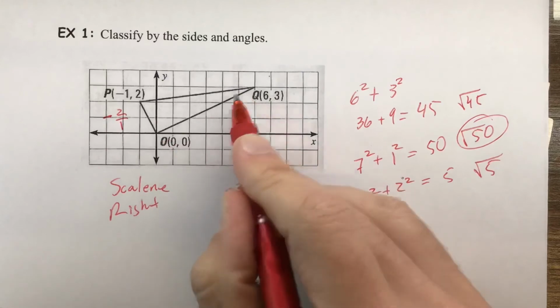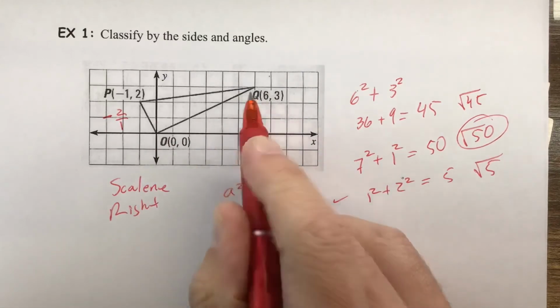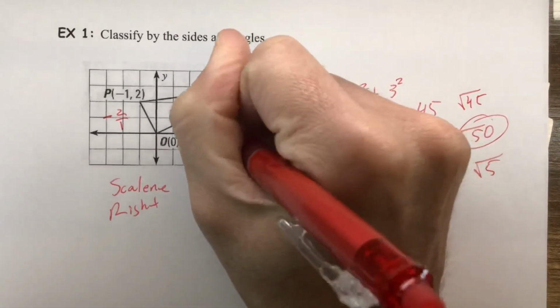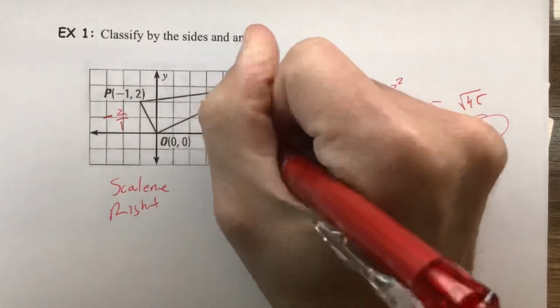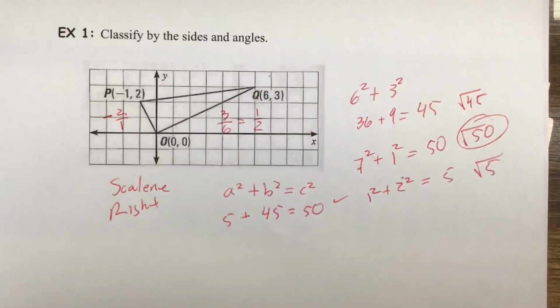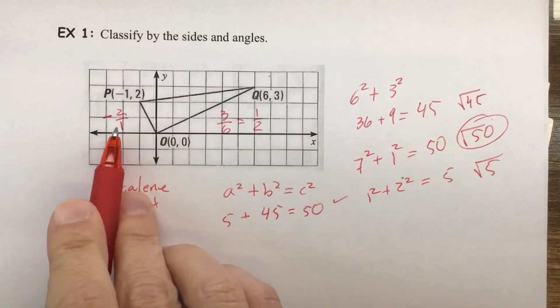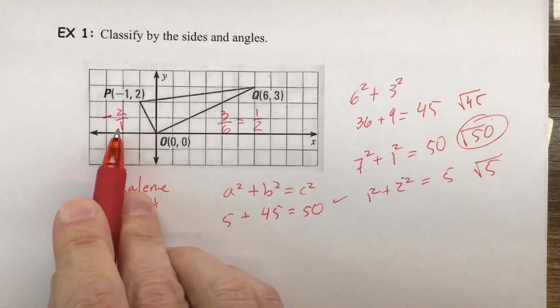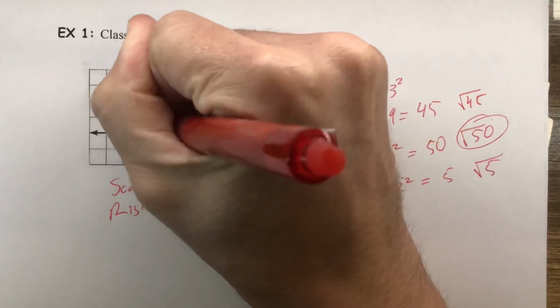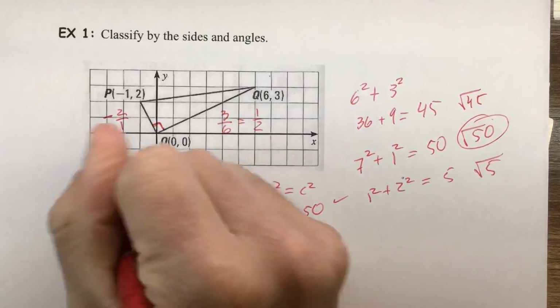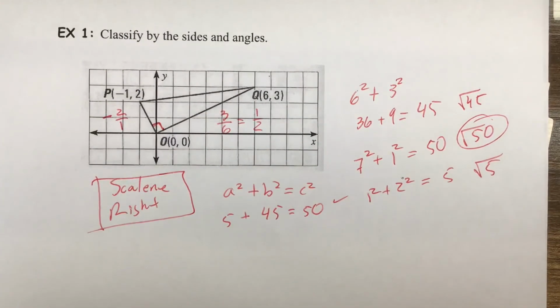The other segment is 6 by 3, which means that it has a rise of 3 and a run of 6. That reduces down to 1/2. And we see that 1/2 is the opposite reciprocal of negative 2, which also confirms that this is a right angle. So we have a scalene right triangle.